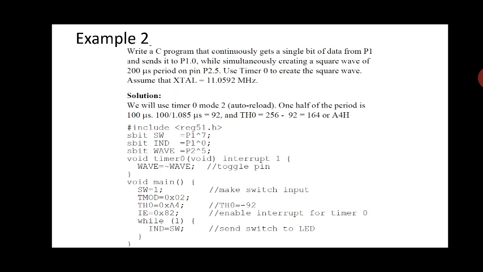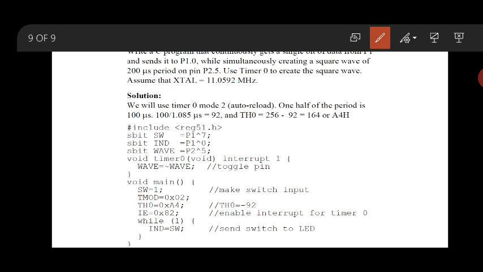Let us come to the main program, in which the switch is 1, meaning SW is on. This is the TMOD register, because we are using timer 0 and mode 2, TMOD will be set to 02. TH0 we have calculated previously, that is A4H, and IE equal to 82. Now 82 is 1 0 0 0 0 0 1 0.